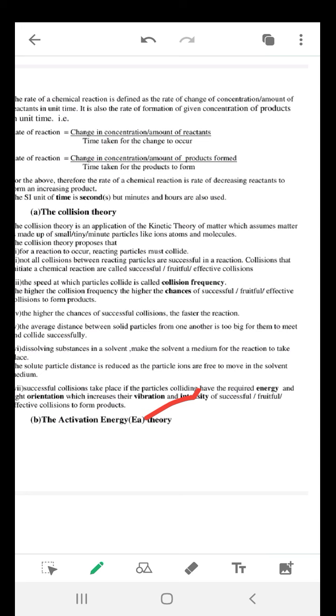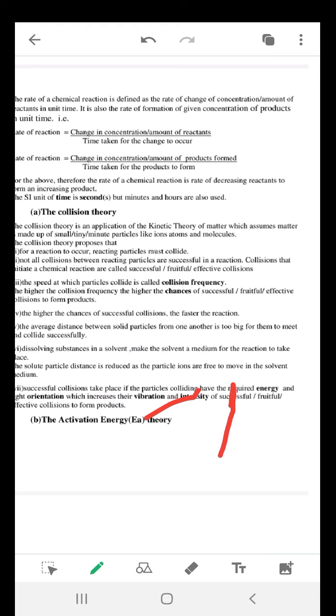Should have the required energy for it to do what? To collide with one another. Then you should also have the right orientation. So the two increase the vibration and the intensity of the successful, fruitful, or effective collisions to form the products. So that's according to collision theory.